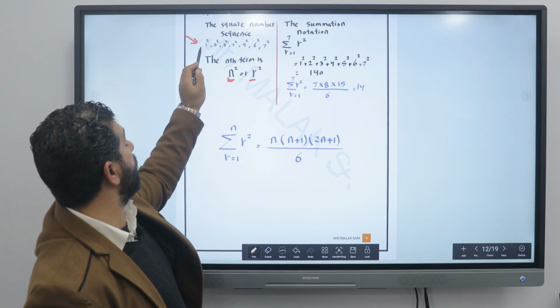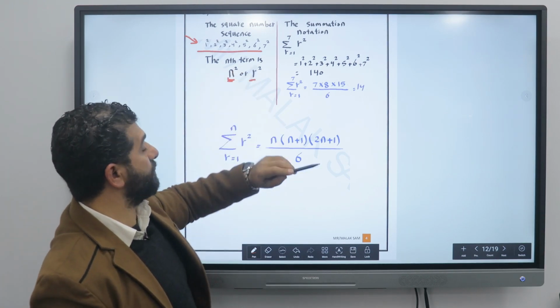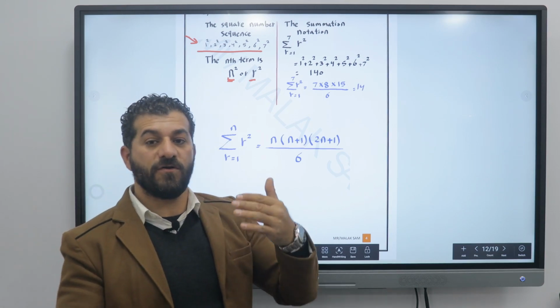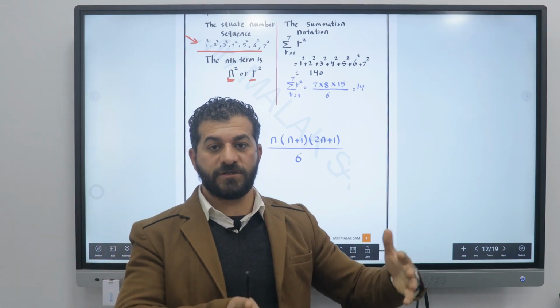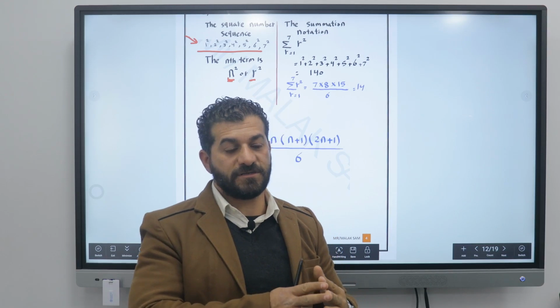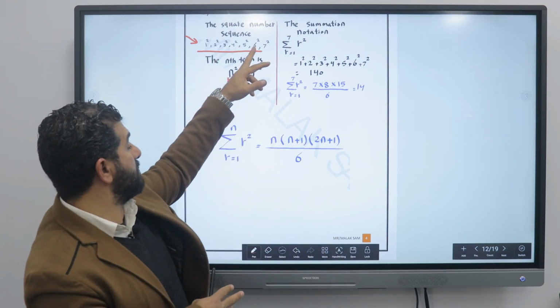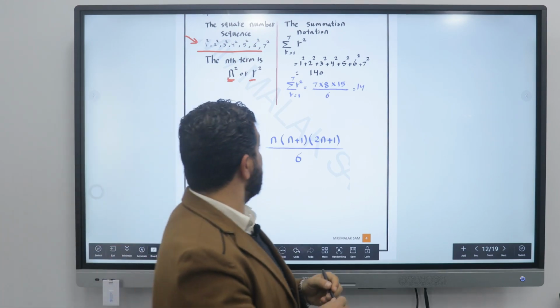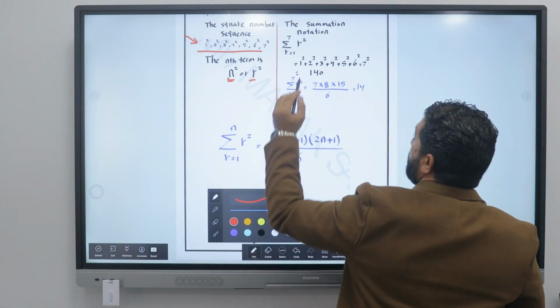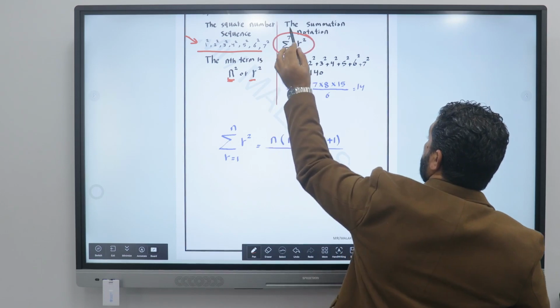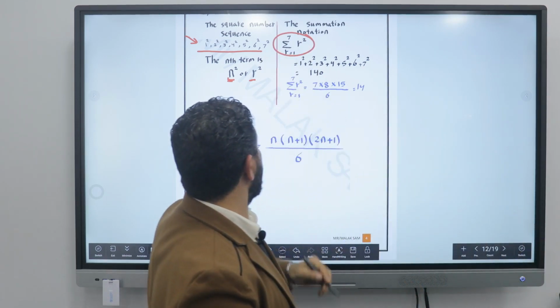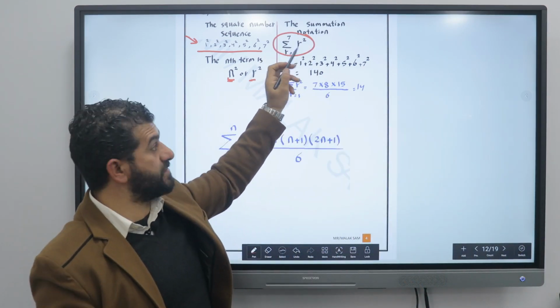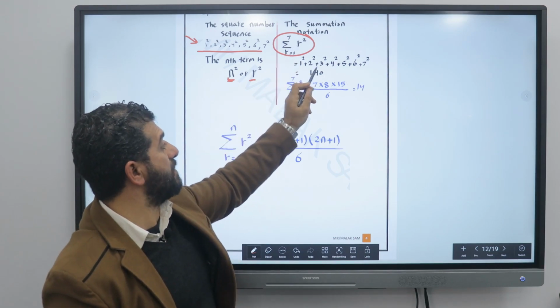If I asked you to find the sum of all terms here, so instead of saying find the sum of all terms of the sequence, from 1 to the power of 2 to 7 to the power of 2, we can write it using the summation notation. What is the summation notation? It's the sum of this sequence, which is given as r to the power of 2.